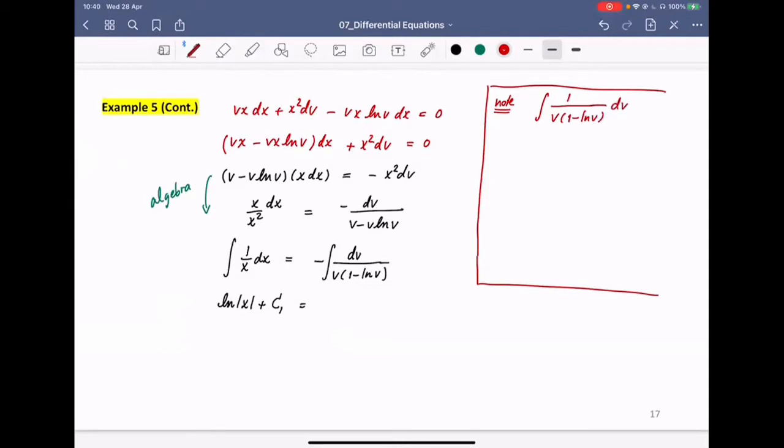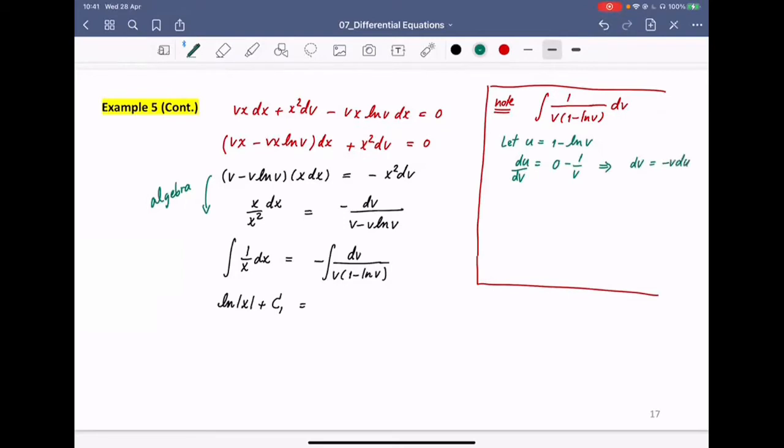How to integrate it? For sure, you're going to pick your u. So you let u be 1 minus log v. And then du is differentiating u with respect to v, right? So you get du over dv equals 0 minus 1 over v, so du equals negative 1 over v dv. Just substitution. And then after that, dv equals negative v du.